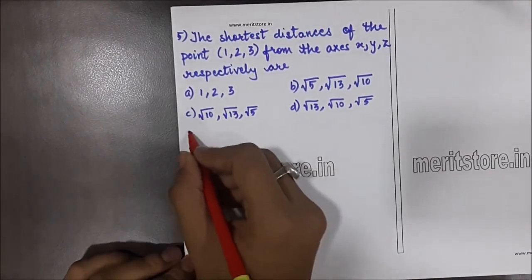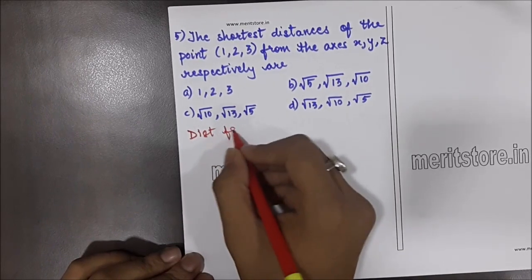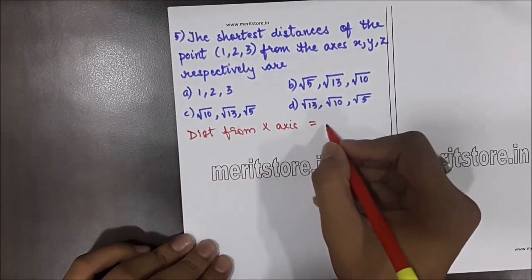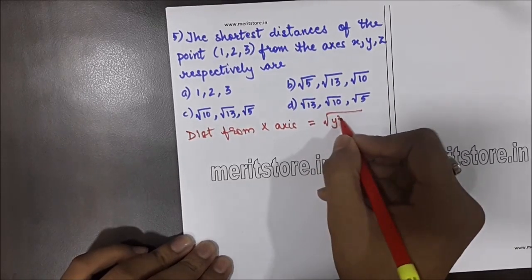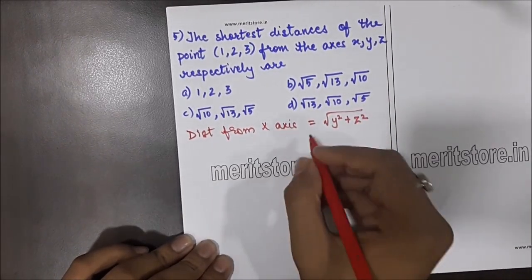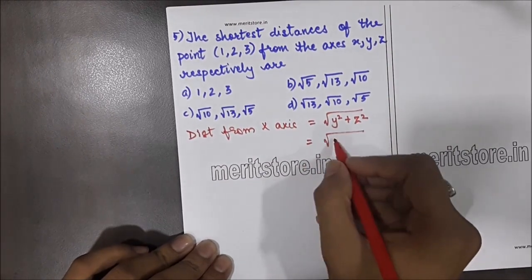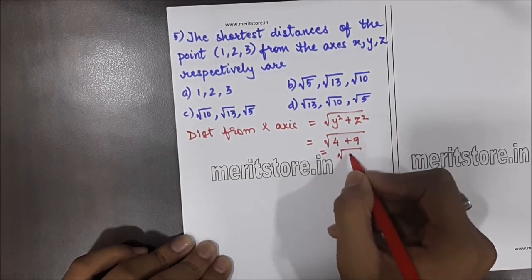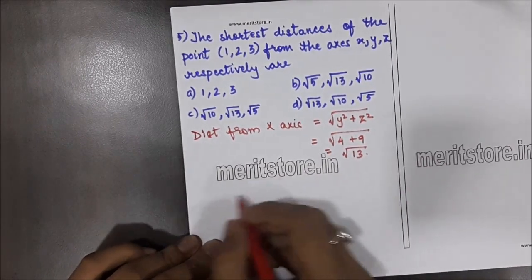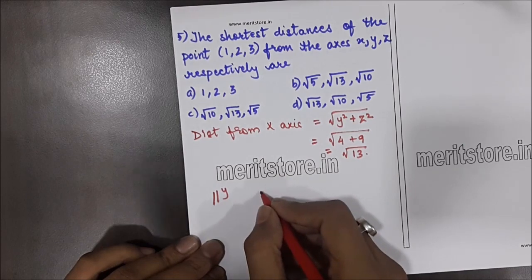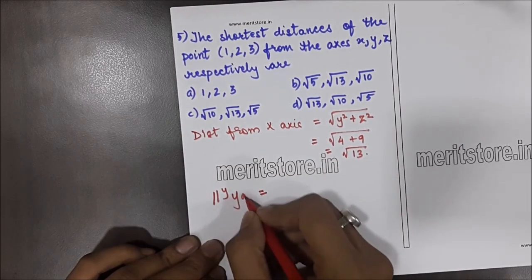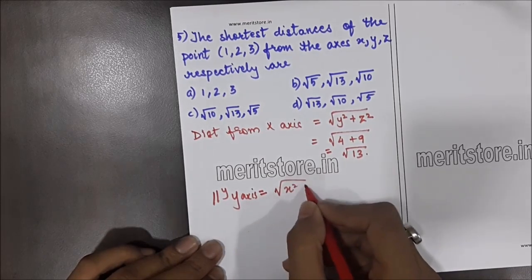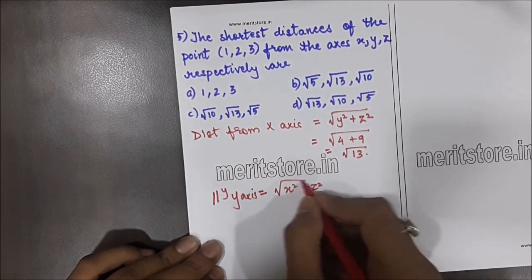Okay, so the distance from x-axis is equal to under root of y square plus z square. So substituting the values, we would get 4 plus 9, which is equal to under root of 13. Similarly, for y-axis, it would be x square plus z square.